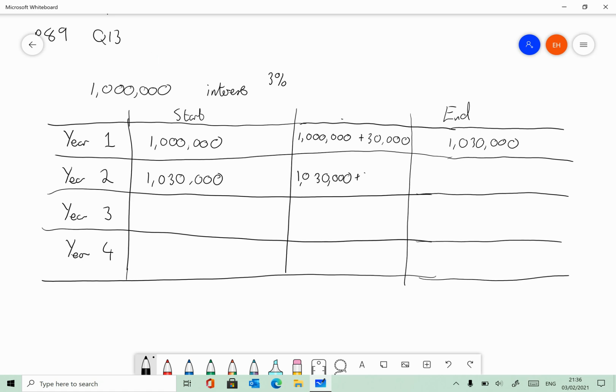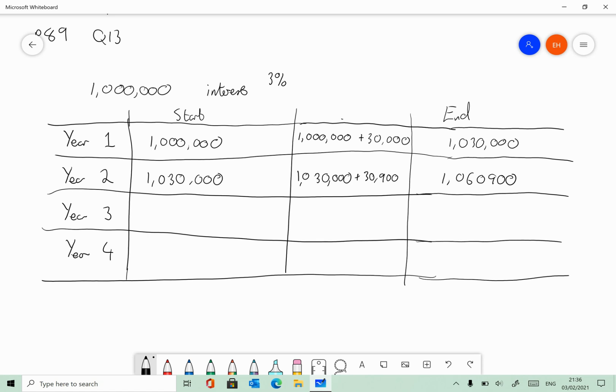That's 30,900. So at the end of the second year, I have these two things added together. So I have 1,060,900.